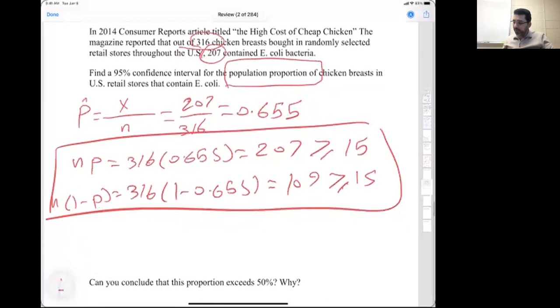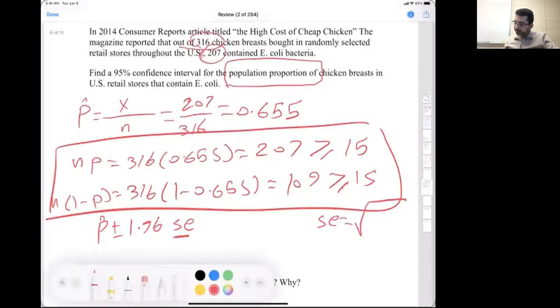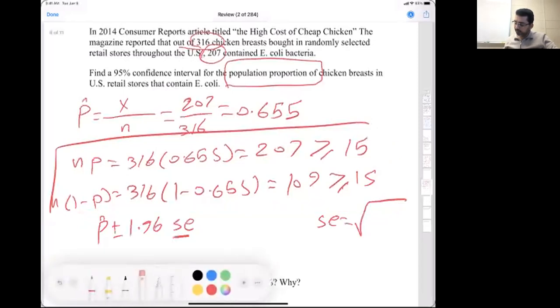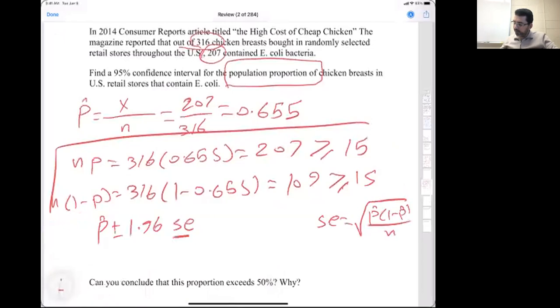Now we can apply the confidence interval: p hat plus or minus 1.96 times the standard error, but we haven't calculated the standard error yet. In this case, the standard error is the square root of p hat times 1 minus p hat divided by n.